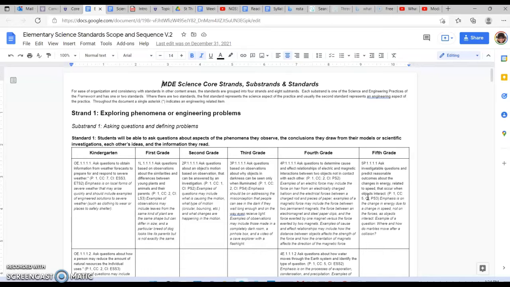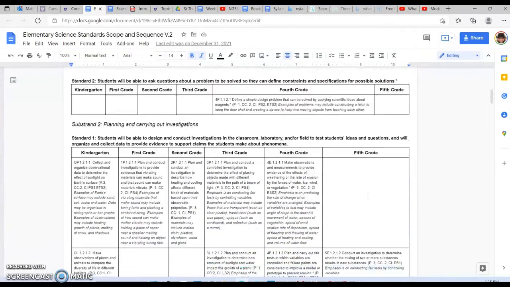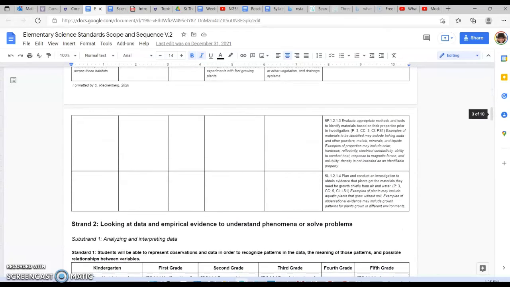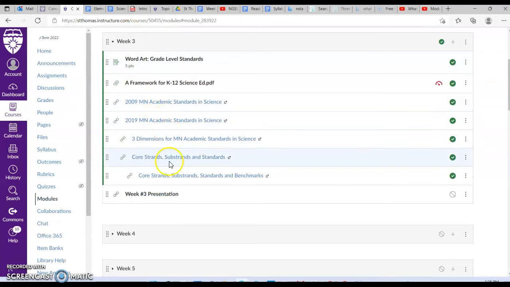So just like I asked you to do for the 2009 standards, I want you to take some time reviewing and working to understand the 2019 standards. You can choose to do that by looking at one or the other or both. So this document that I was just in, or maybe you want to dive into the state provided document right here.